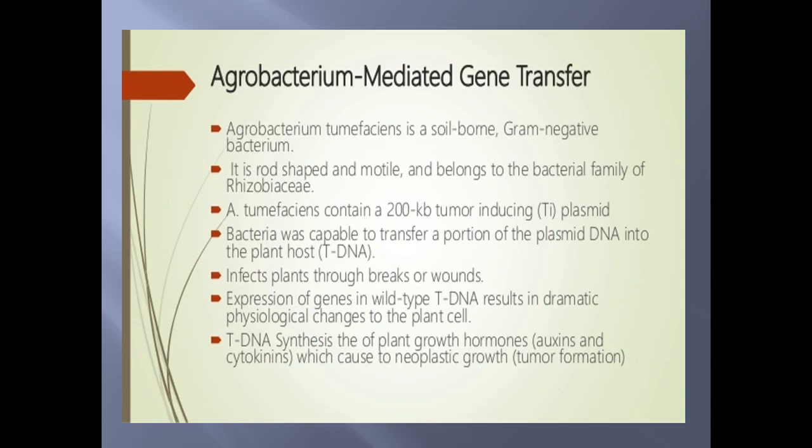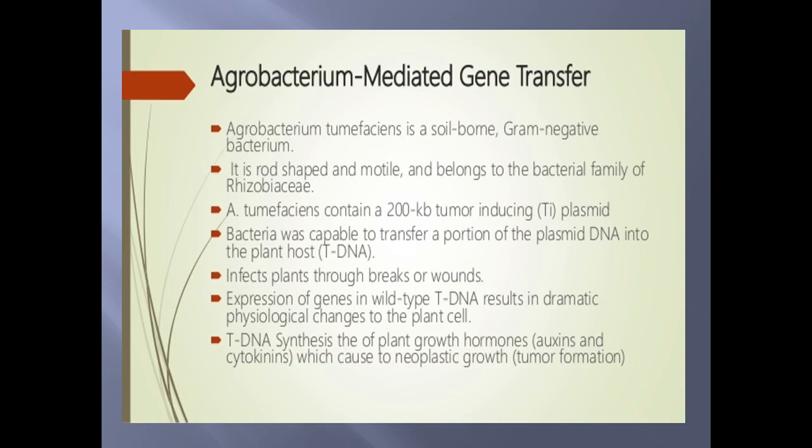The speciality of this Agrobacterium is that it mainly consists of a plasmid called Ti plasmid, or tumor inducing plasmid, whose size is about 200 kb. So Ti stands for tumor inducing. T stands for tumor, I stands for inducing. This Agrobacterium is a phytopathogen.